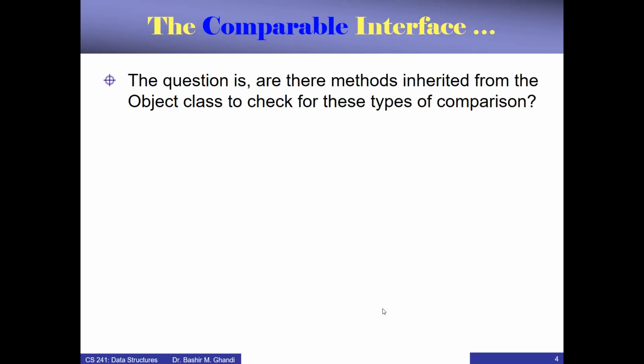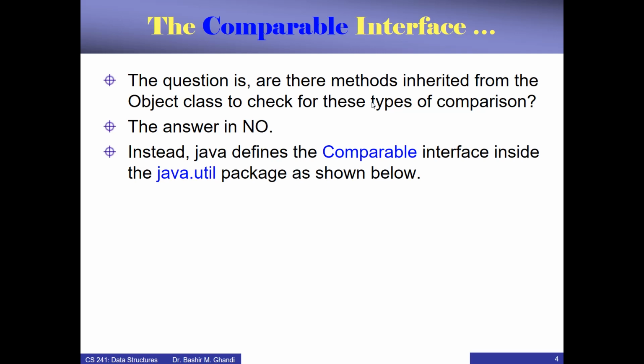So the question is, are there methods, let's say less than or greater than, that are inherited from the Object class that we can override, just like the equals method, to allow us to compare two objects for less than or greater than? The answer to this is no. There are no such methods. Instead, Java provides you with the comparable interface.